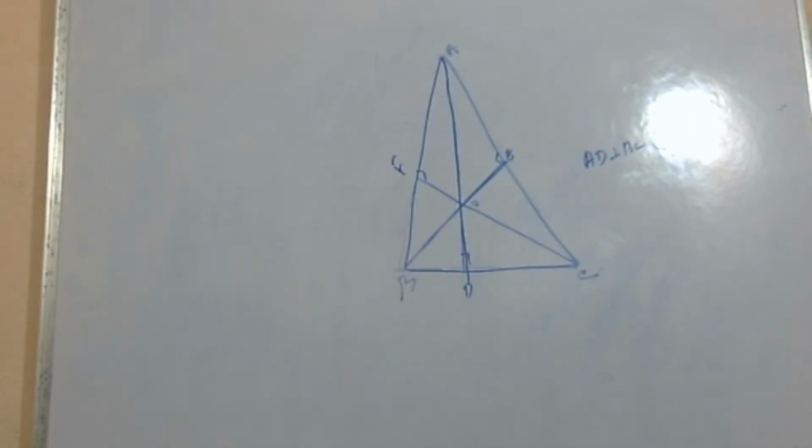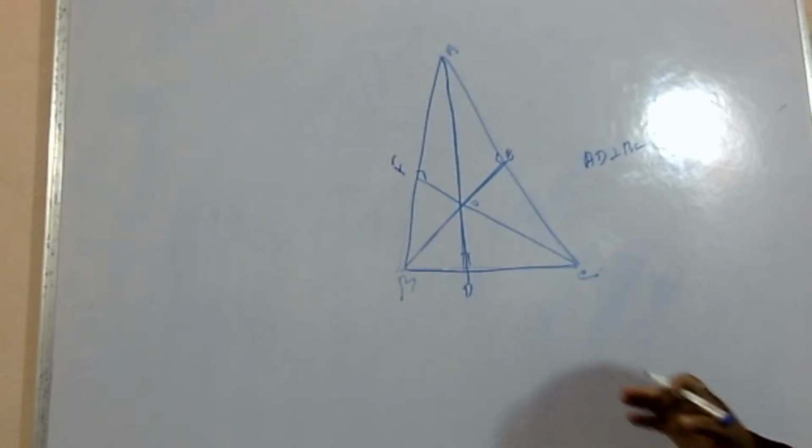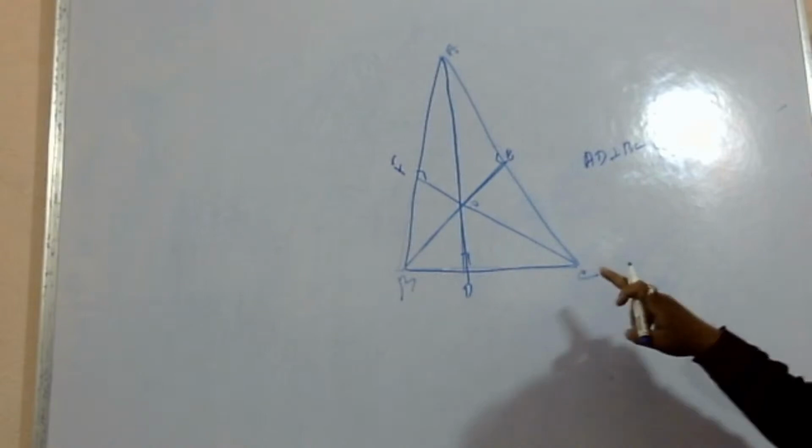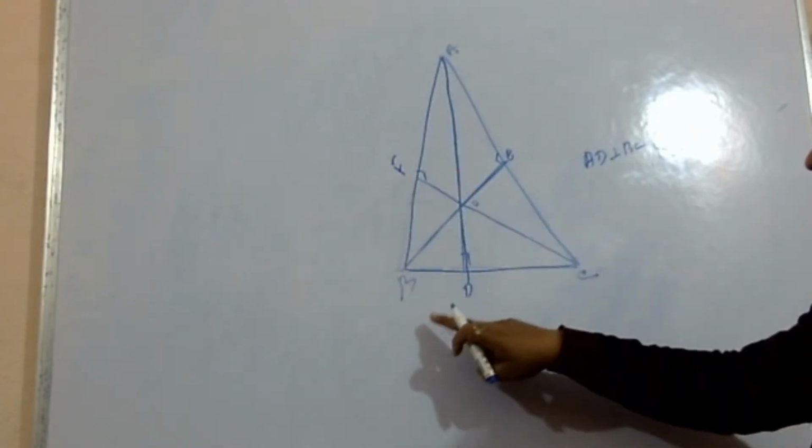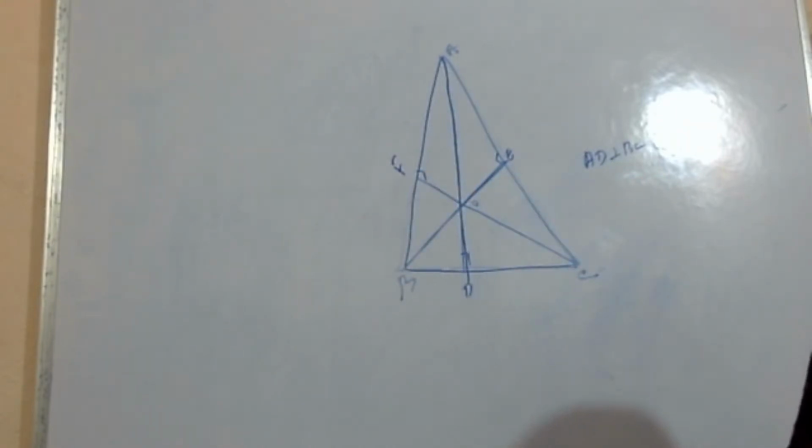Then our proof is complete. Again I am repeating. Now you will see AD, CF and BE are the three line segments. We know that any two line segments, any two lines, intersect in a point. Yes.